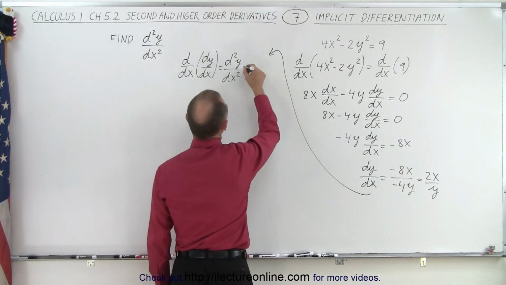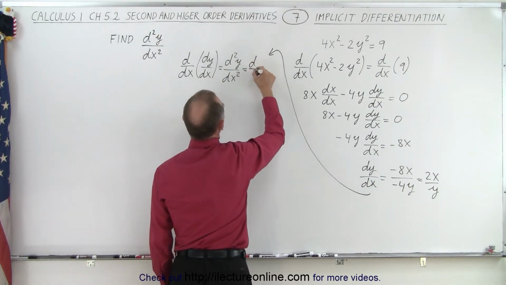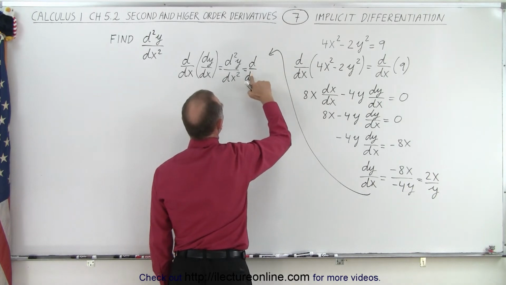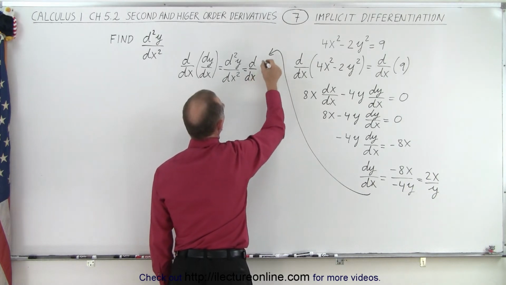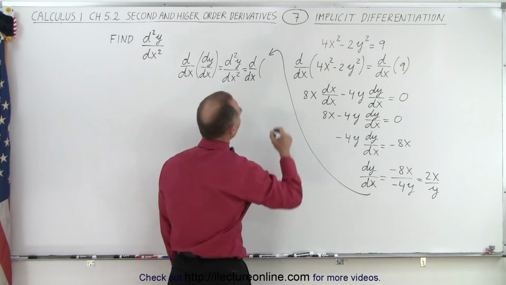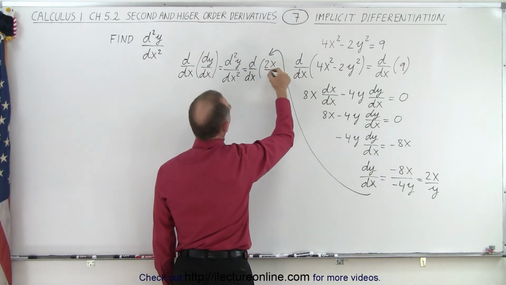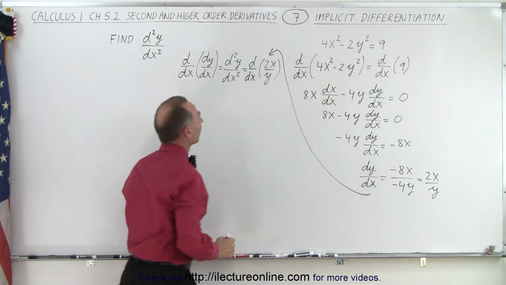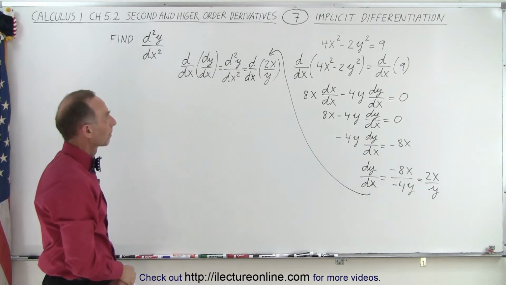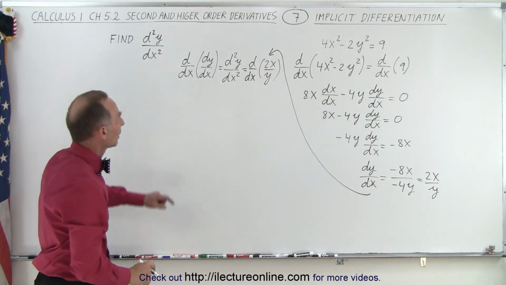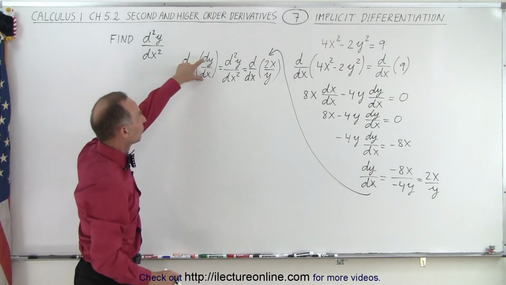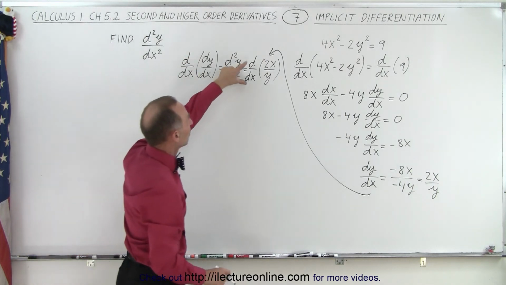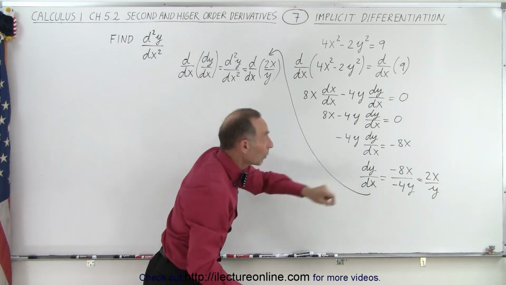And so that would be equal to the d dx, careful here, the d dx of 2x over y. So what we're doing here is taking the derivative of the first derivative dy dx, the derivative of 2x over y, because that's dy dx.